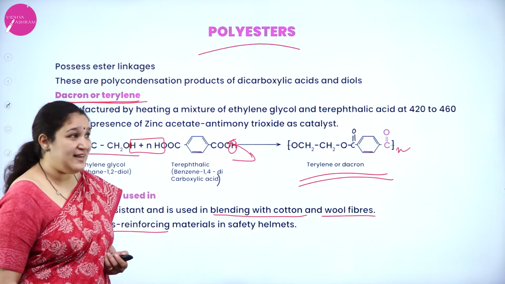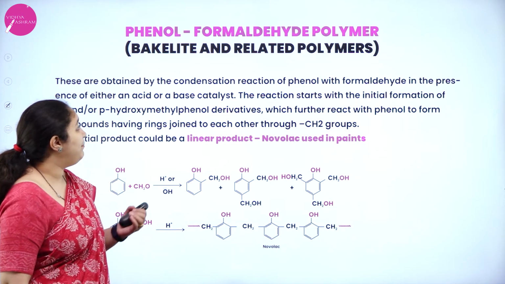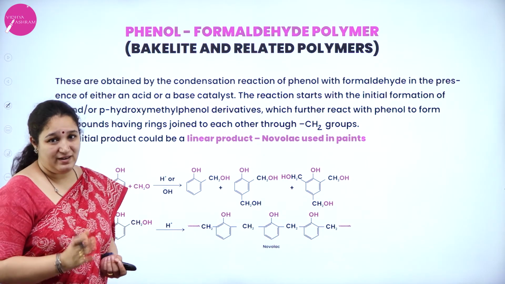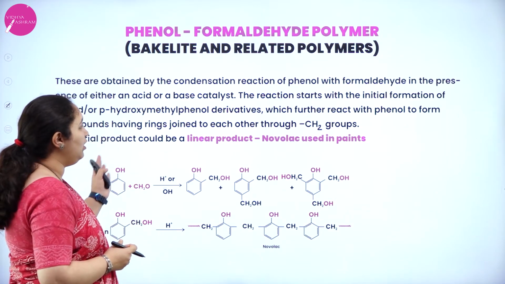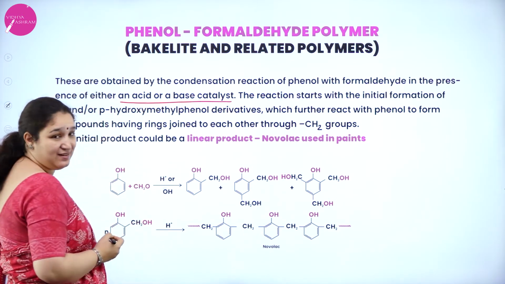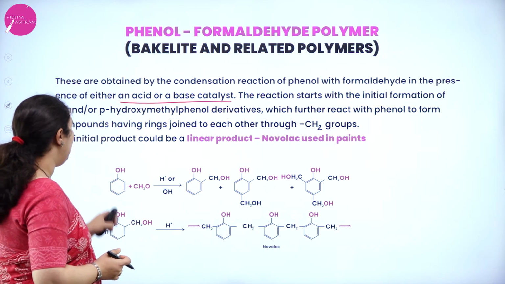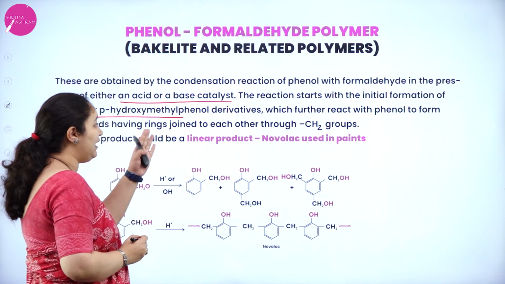Next we have phenol formaldehyde polymer or bakelite and related polymers. Phenol formaldehyde resins are those obtained by heating phenol with formaldehyde in the presence of an acid or a base as a catalyst. Initially, we get different types of products like ortho or para hydroxymethyl phenol.